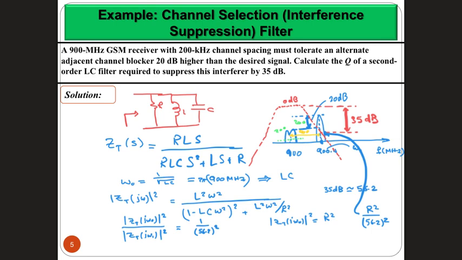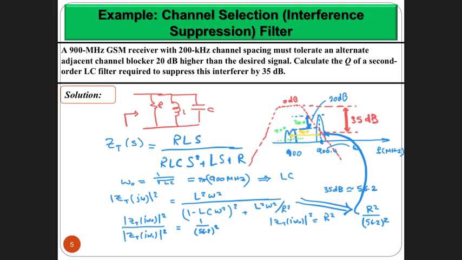The square of the magnitude of the impedance at this point should be equal to this number, at the point when I put omega equals omega 1, when I put omega equals 900.4 megahertz.